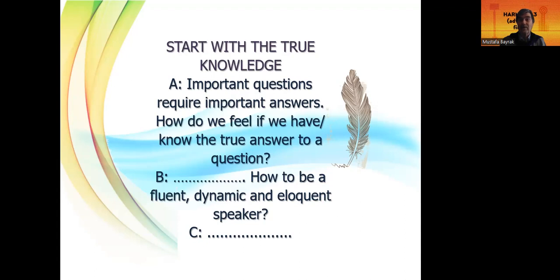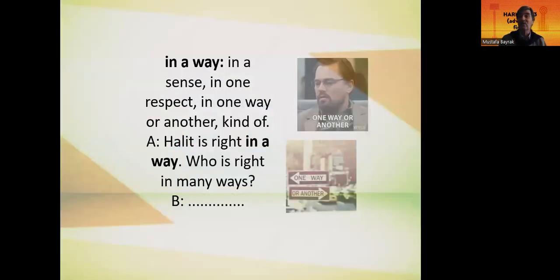Maybe we can find its answer from a serious article on how to be a fluent, dynamic, and eloquent speaker in both our native language and our foreign language. In a way, it is very practical. We really need it in our daily speech.